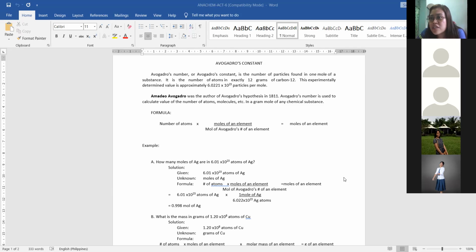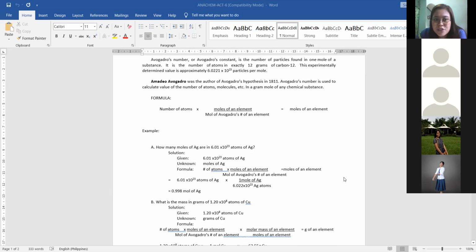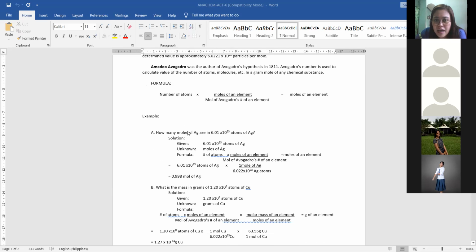That's why we can use Avogadro's number to convert number of atoms to moles, or you can even compute number of atoms to grams. You just have to follow the formula. So if given the number of atoms of an element and you are asked to convert it to moles, follow this formula.